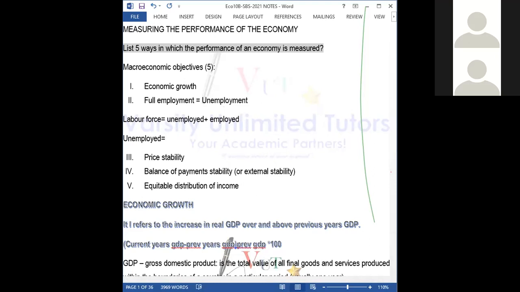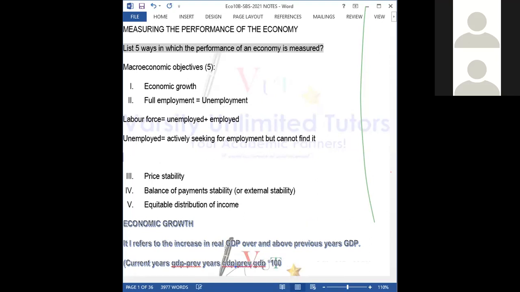The unemployed are usually referred to as those that are actively seeking employment but cannot find it for any reason. Those that are actively seeking employment and cannot find it are referred to as the unemployed.